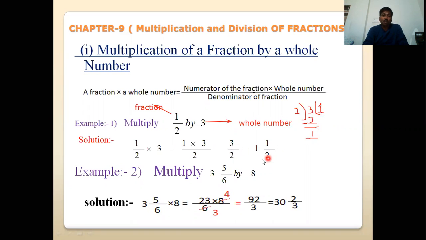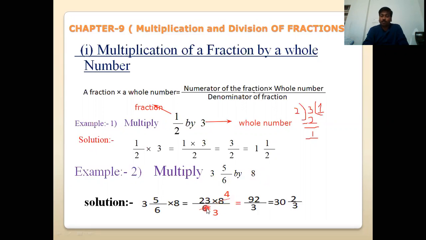Now let us take another example. In this example, the first number is in the form of a mixed fraction and the other is a whole number. When we convert it, 6 into 3 is 18, plus 5 we get 23, and it becomes 23 by 8, multiplied by 6.